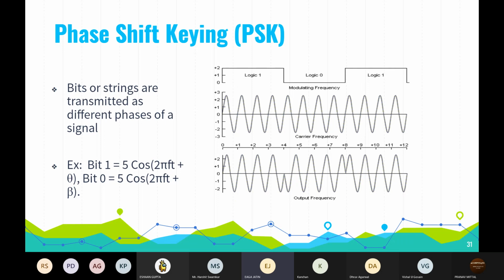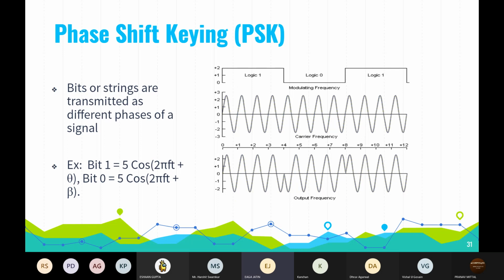Before, the wave was going upwards, now it changes by 180 degrees and goes down. This is what we observe in phase shift keying. PSK uses two phases, 0 and 180 degrees, and carries one bit. So this is also known as BPSK, binary phase shift keying.